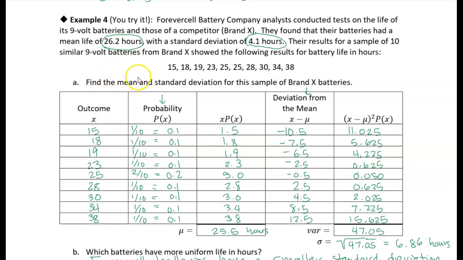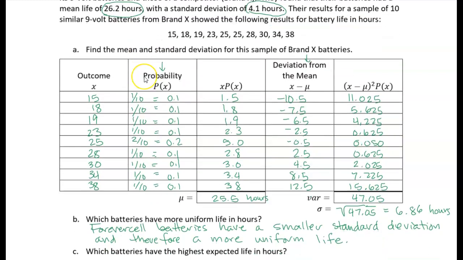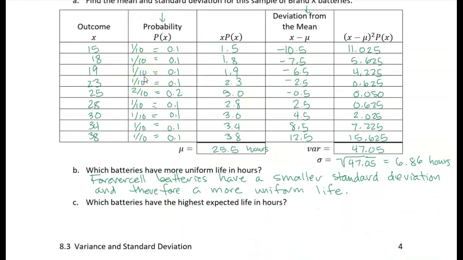So the expected life of Forever Cell is 26.2, which is greater than brand X. So, hey, that's good. If you're working for Forever Cell, your batteries are better. So the Forever Cell batteries have a higher expected life.